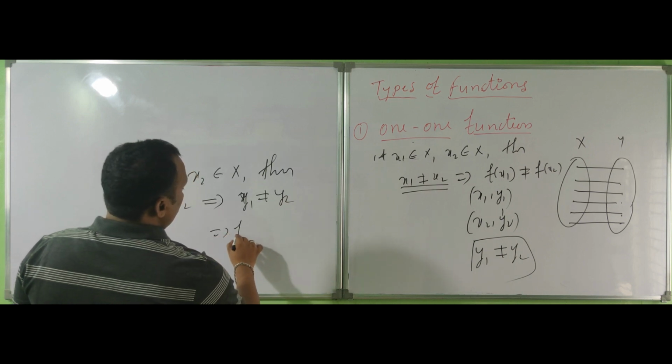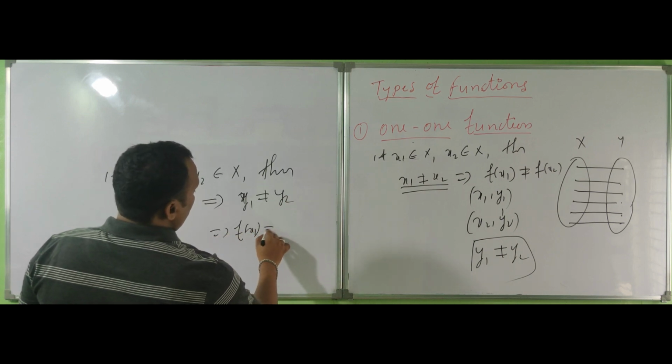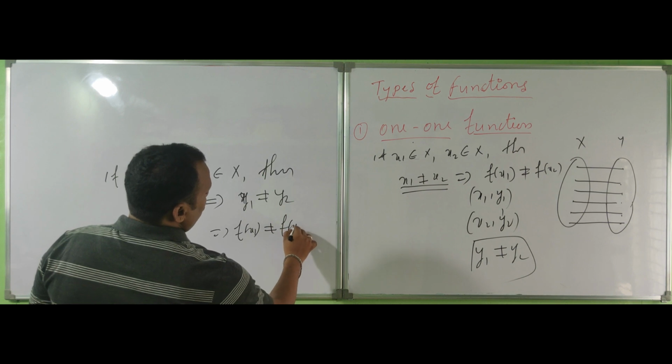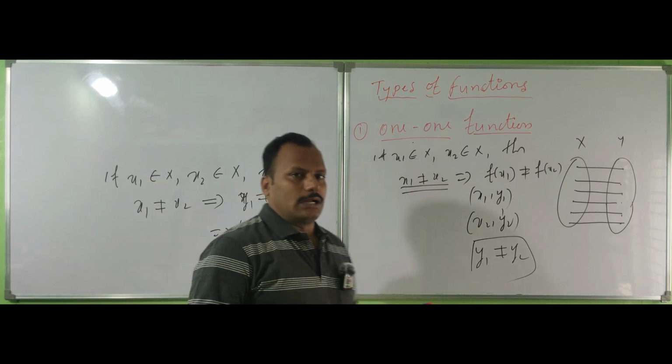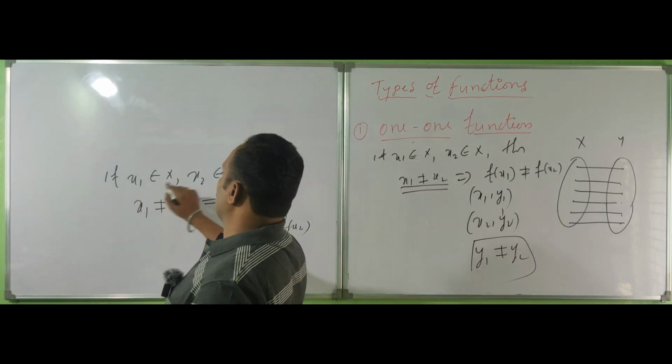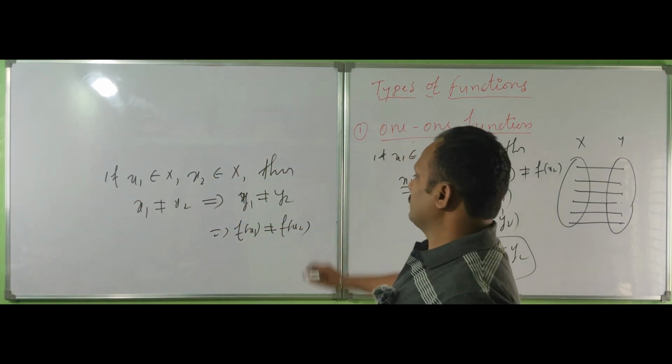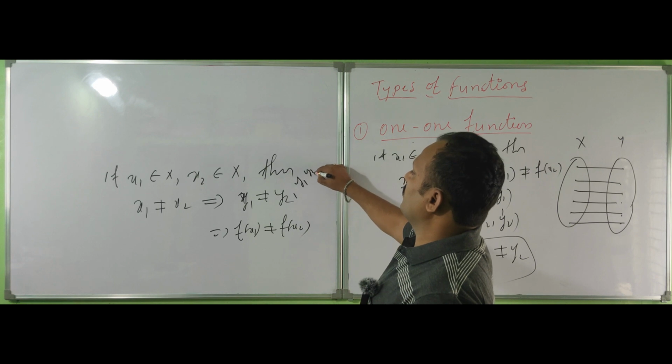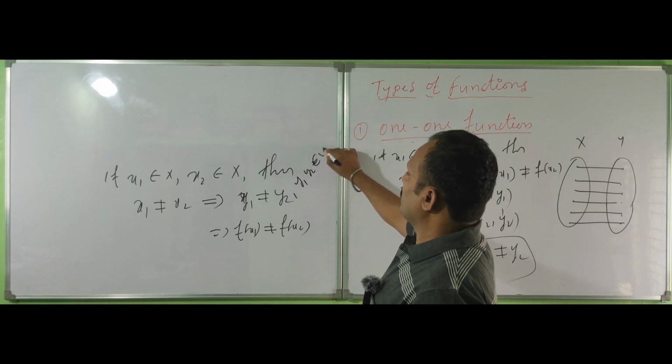You can also write f of x1 is not equal to f of x2. Different elements means x1 and x2 are different. Here y1 and y2 belong to capital Y.